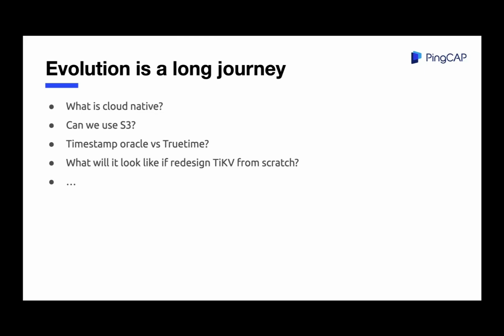Is using Kubernetes cloud native, or deploying in the cloud, or using S3 cloud native? I don't have a clear answer now, but I think to be cloud native, we should be very native. For example, we can use all the resources that the cloud, or most cloud providers, can offer, instead of using some fixed deployment.